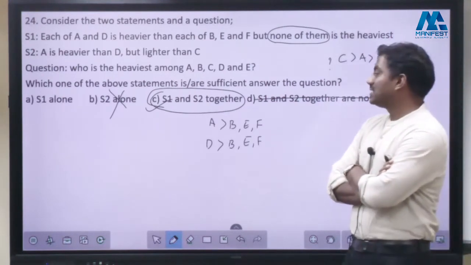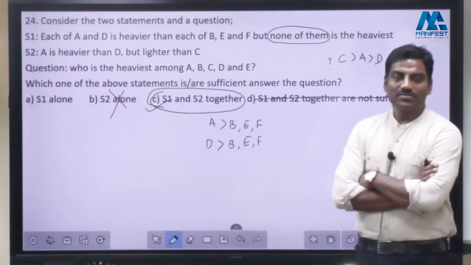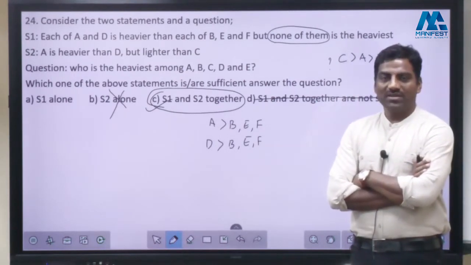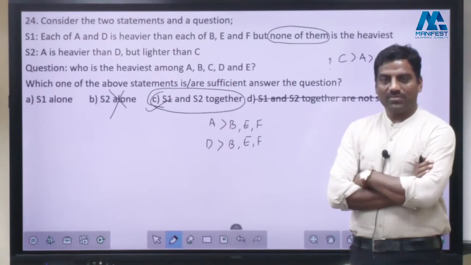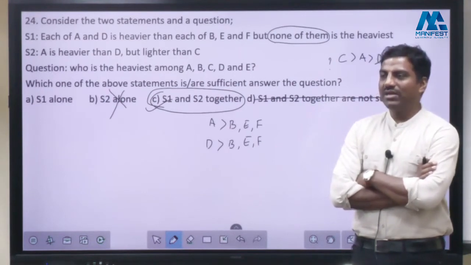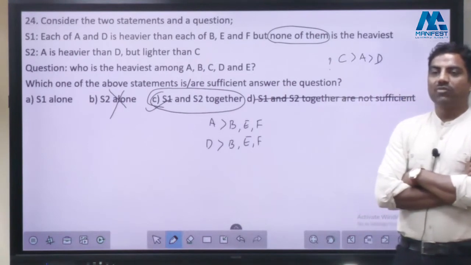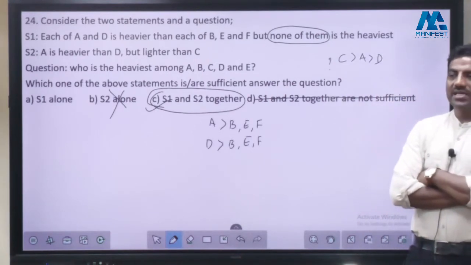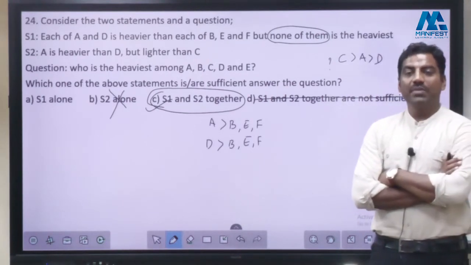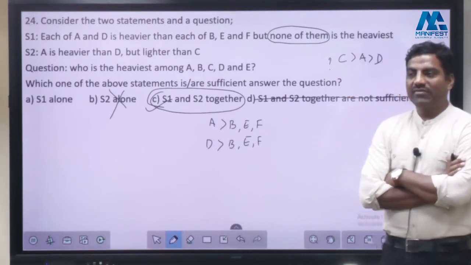The safest answer is C. Think over it, okay? Can we tell C as the heaviest only depending upon statement 1? Among A, B, C, D, E, can we say C is the heaviest?